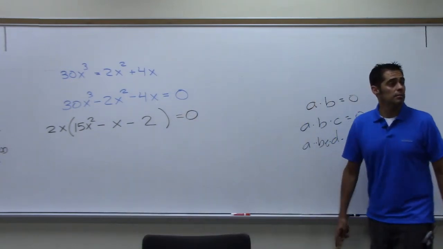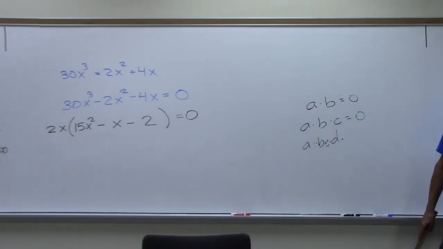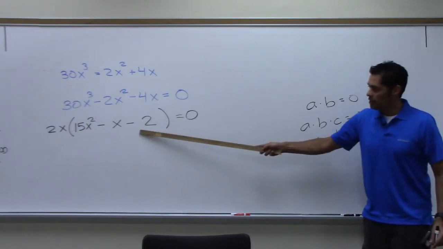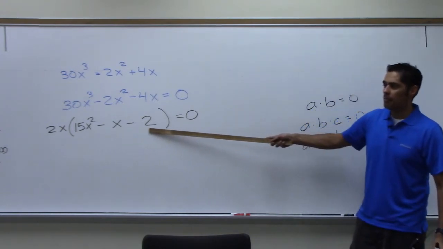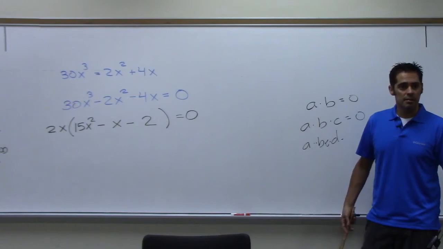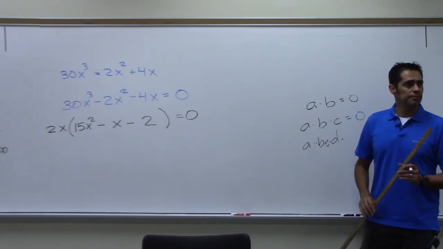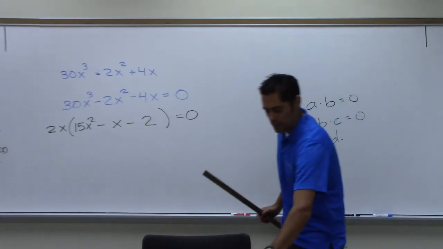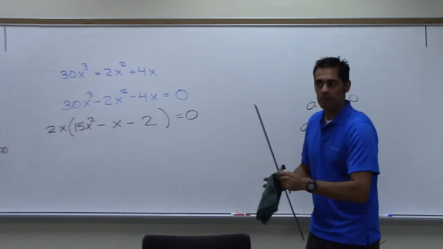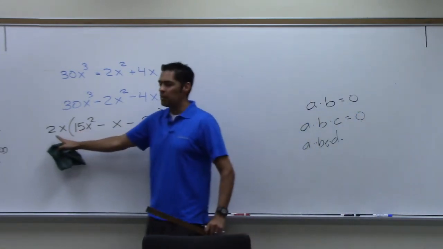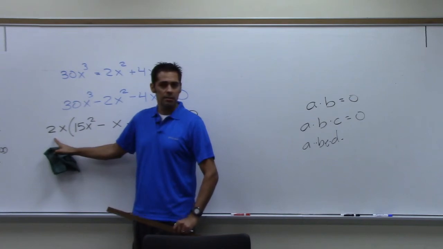And now this is a trinomial in here, right? AC method on that trinomial. Y'all understand what I'm doing? On this trinomial. The 2x I'm going to ignore, but I'm not going to forget it's there.